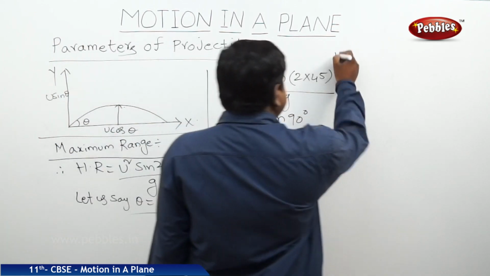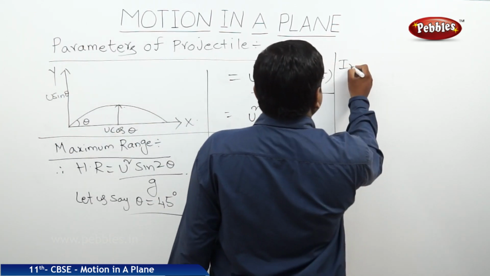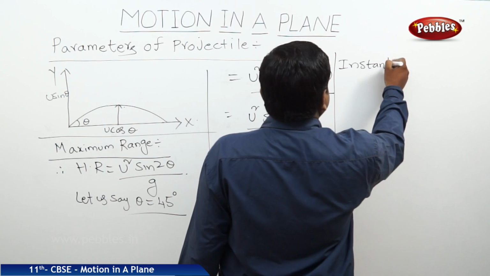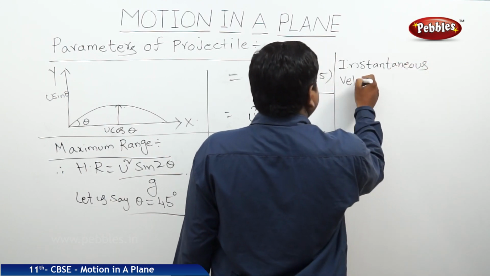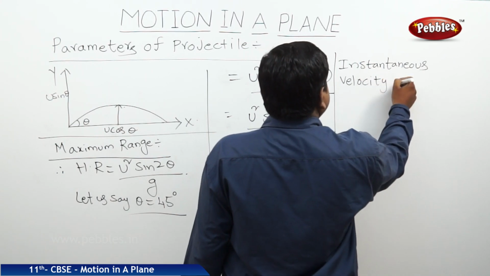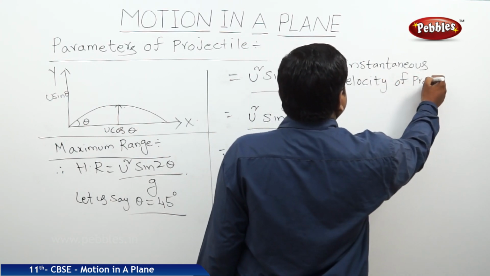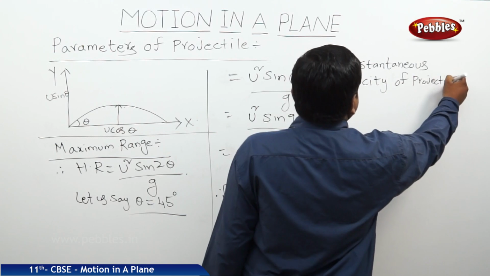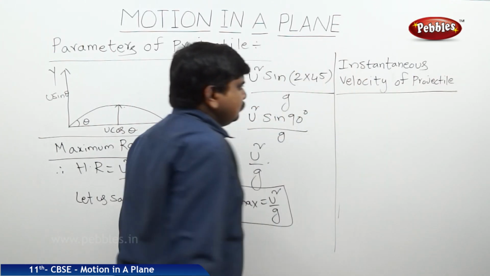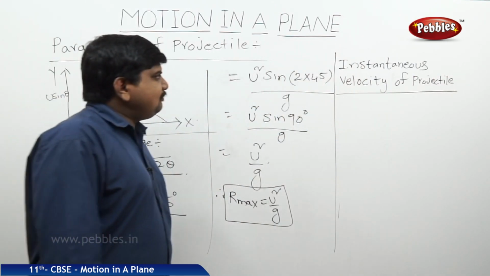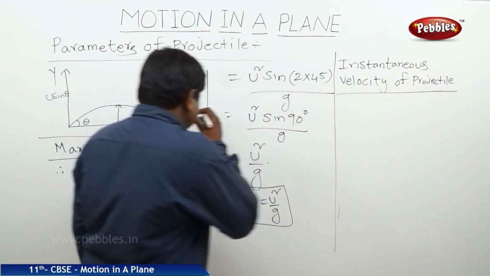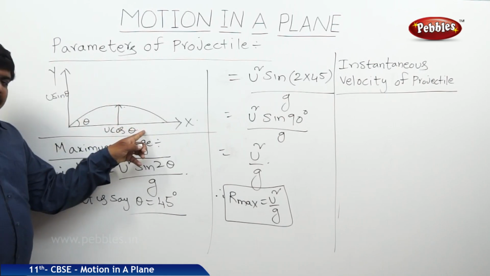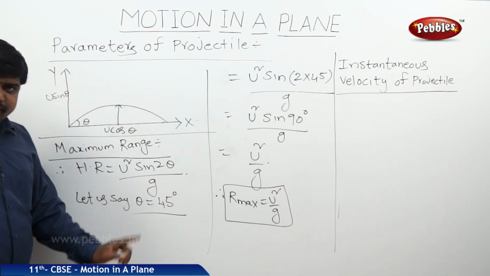Now we will find out the instantaneous velocity of the projectile. So what can we understand from the instantaneous velocity of the projectile? Let us suppose the horizontal component is u cos theta, vertical is u sin theta.